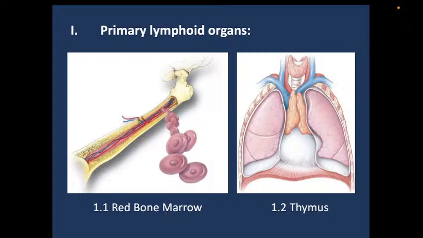And then also the primary organ is the thymus, which is located in the chest, just above the heart, between the main veins and between the lungs. This is the location of the thymus.